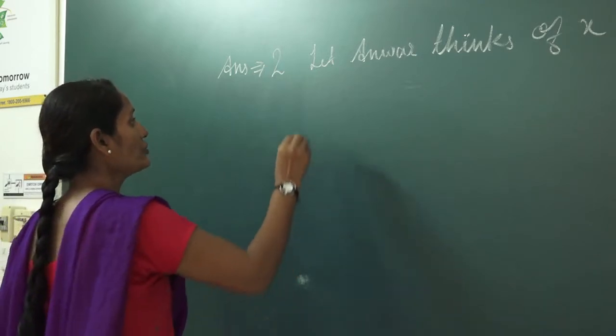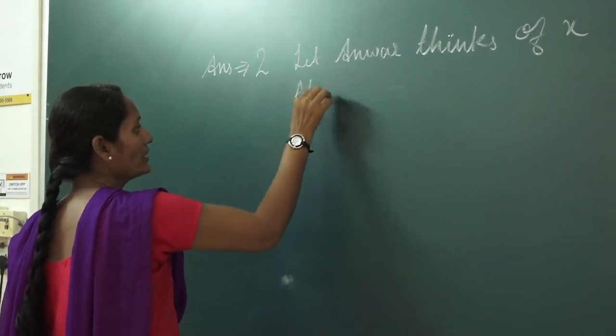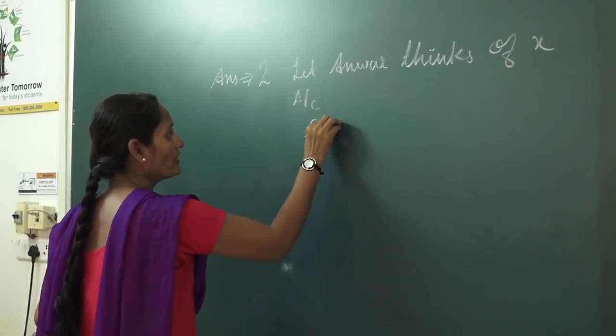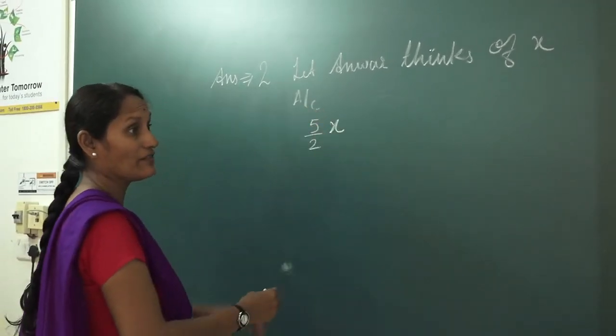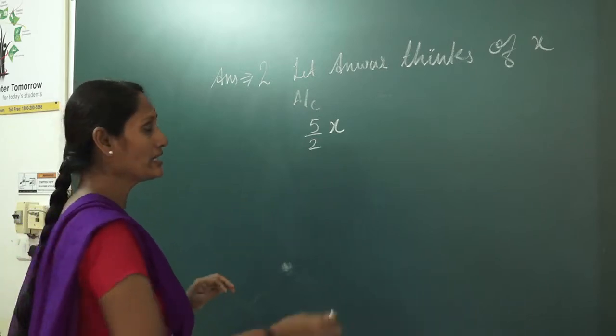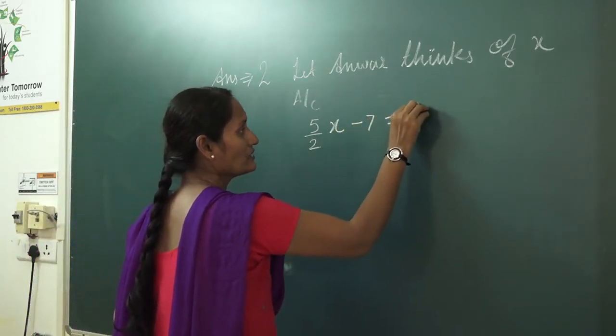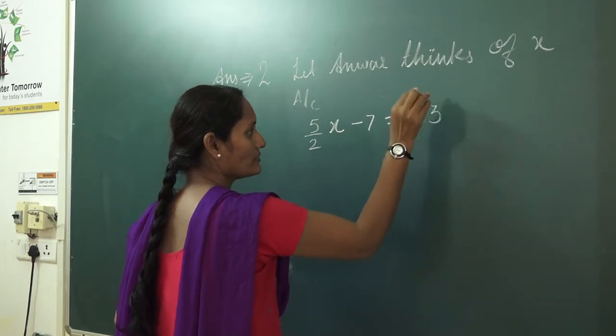Okay. Now what is the condition given? According to the condition, 5 by 2 of a number. So it is multiplication. And from there 7 is taken out. So minus 7 gives the result as 23.